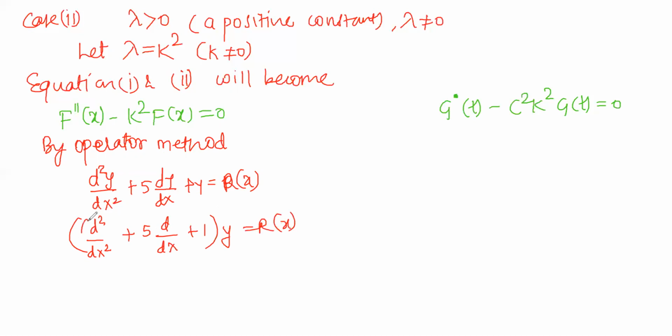Now this is a differential operator, so I can write D square plus phi D plus 1 of y equal to r of x, and then you find its homogeneous part and non-homogeneous part, then you find its general solution, that's nothing but y particular plus y homogeneous. That is nothing but the operator method that you have studied.